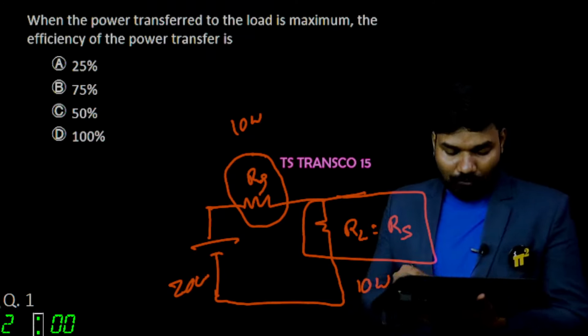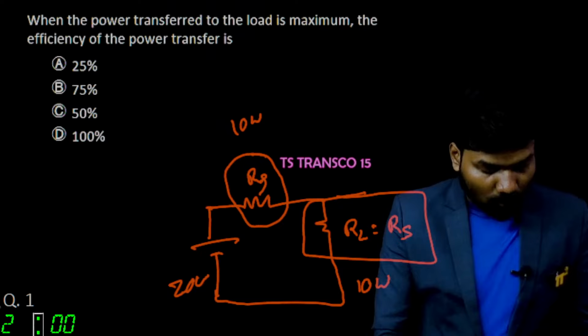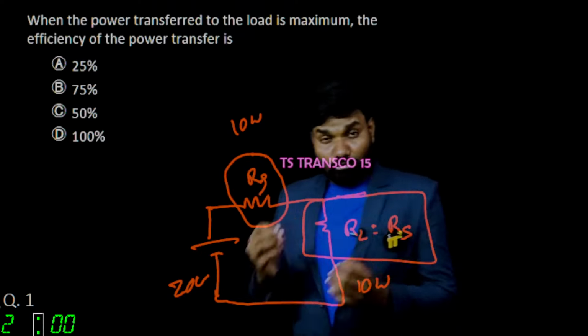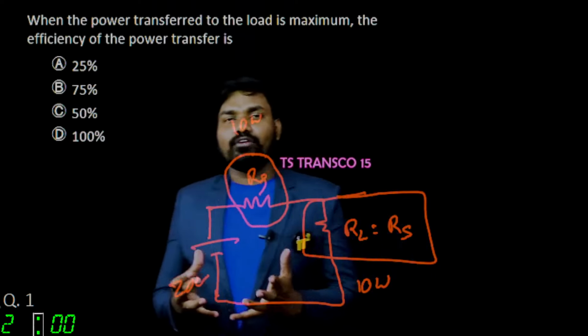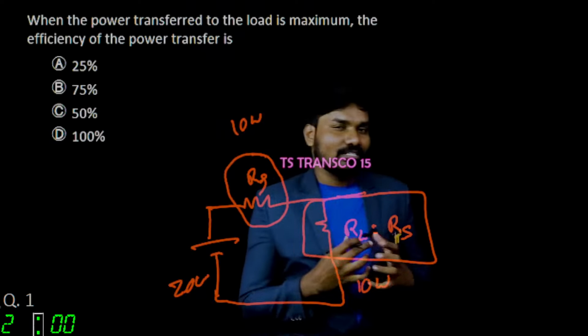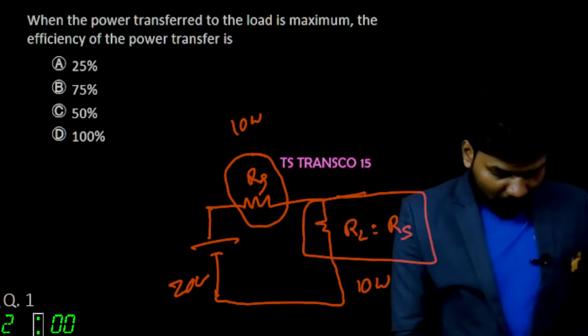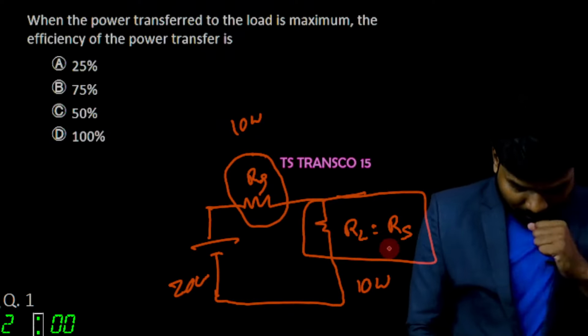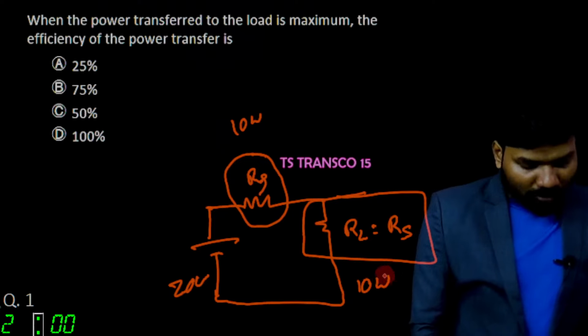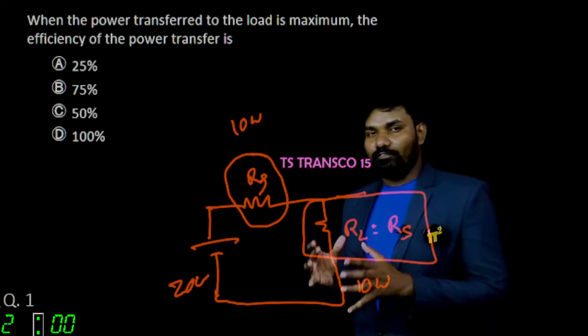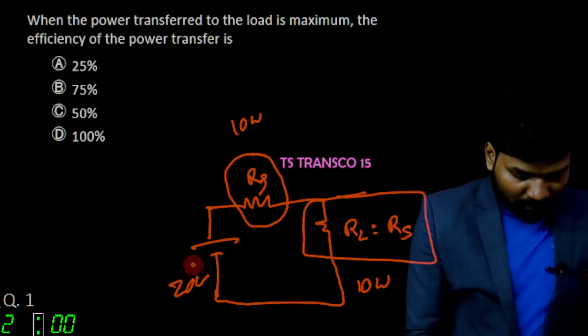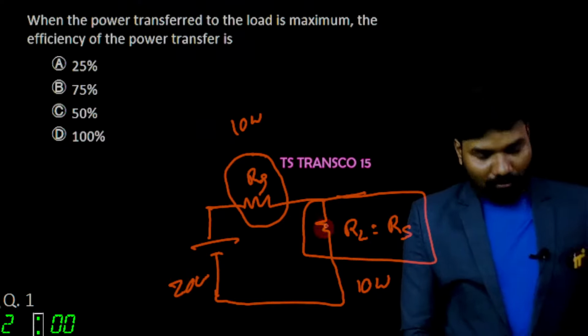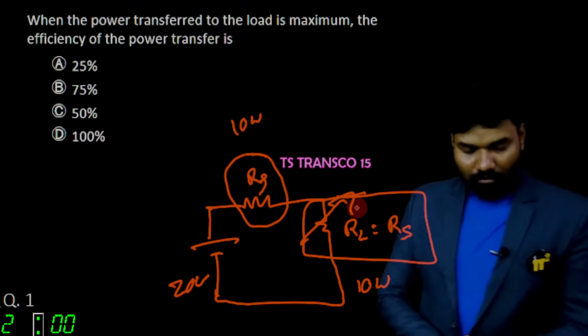Remaining 10 watts are appearing across the load. Of course, that 10 watts is the highest value which it can have for the given circuit of RS. For this RS, 10 watt is the highest possible value we can get for a fixed value of voltage and any value of RL when RL is changing.